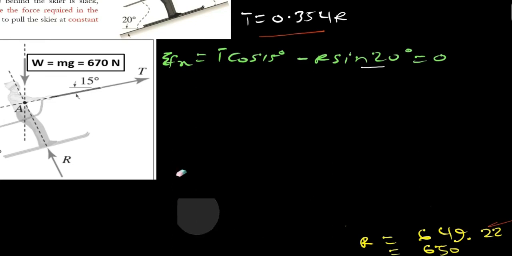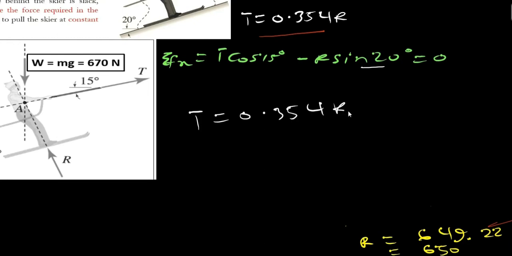Simplifying, we got T equal to 0.354 R. Now we know R to be 650, so let's substitute here: 0.354 times 650.